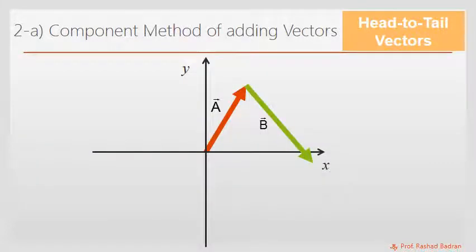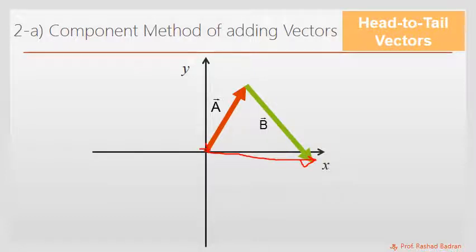To find the resultant for the head-to-tail vectors A and B shown here, assume that the magnitude of A and the magnitude of B are given, and their corresponding angles are also given. Now, to do that geometrically, we simply draw a line from the tail of the first vector up to the head of the second vector.